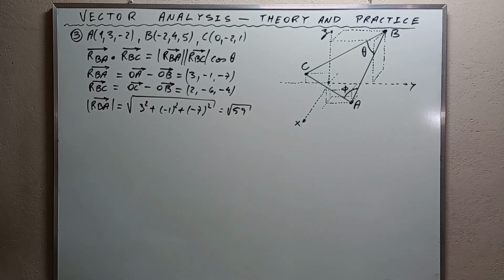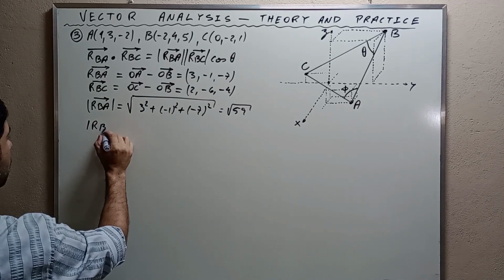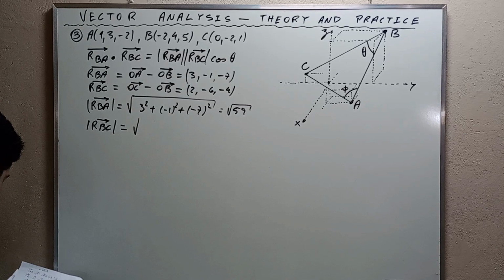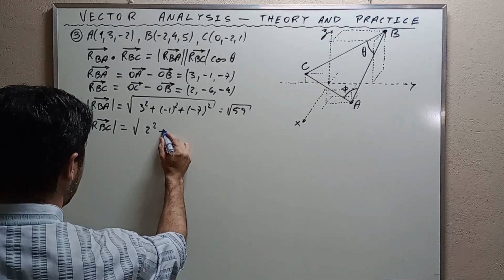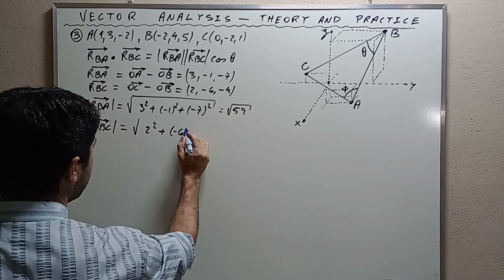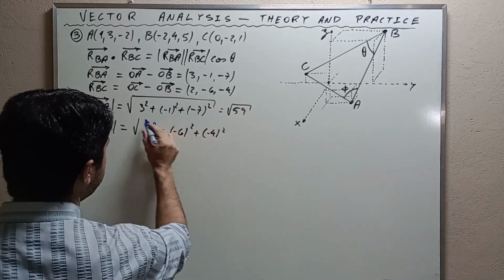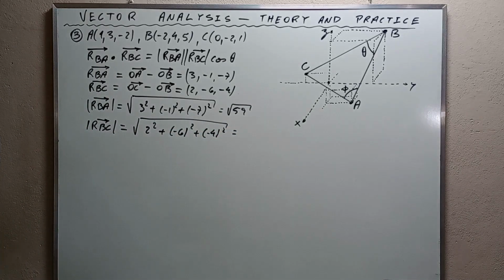And the magnitude of R_BC is equal to the square root of 2 squared plus negative 6 squared plus negative 4 squared, and this is equal to the square root of 56.